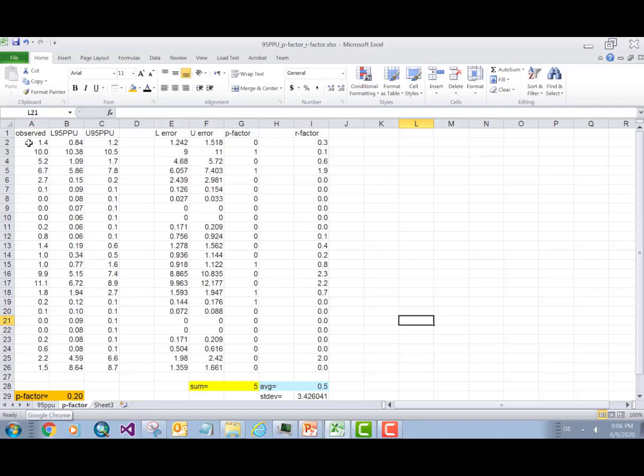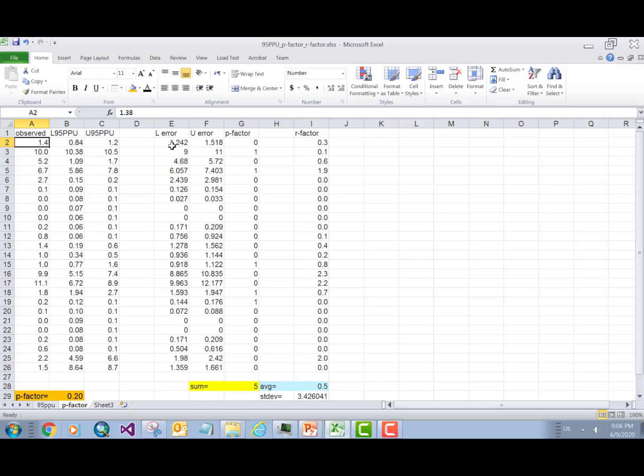So here is my observation. I have 25 observations, for example, and I calculate for every point the lower and upper 95 PPU, as I've shown before. Then, in SWAT-CUP we assume a 10% uncertainty about the measured data.